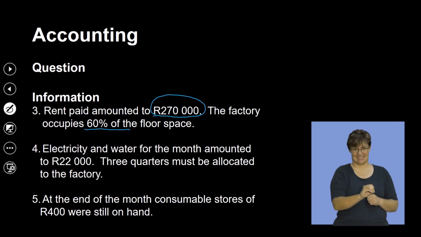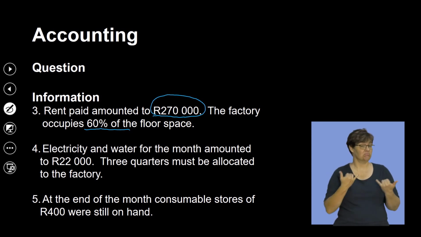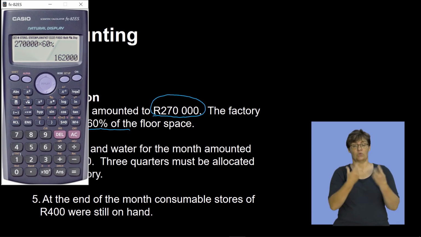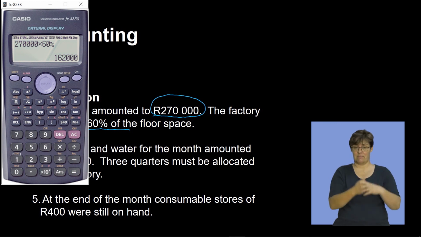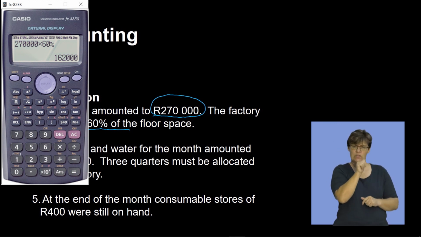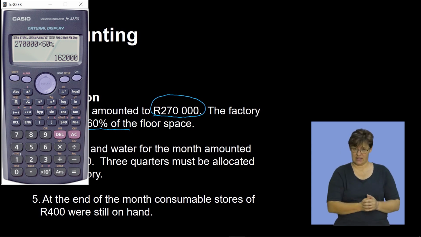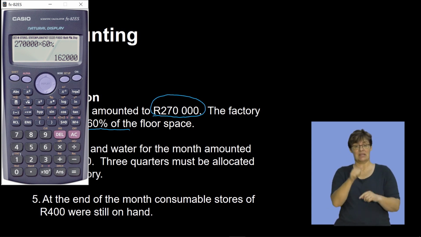of the floor space. So what do we do? This is what we do. We say, fine, take my 270,000 times the 60%, because the factory only occupies 60% of the premises, to give you a figure of 162,000.